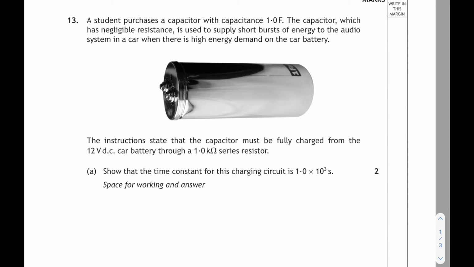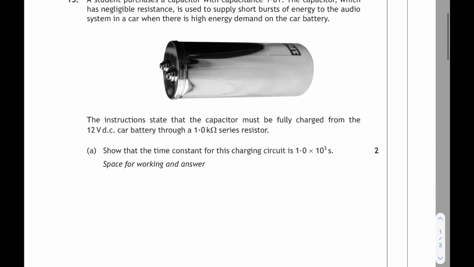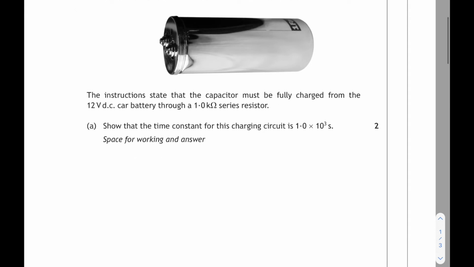So the instructions state that the capacitor must be fully charged from a 12 volt DC car battery through a 1 kilo ohm series resistor. And we have to show that the time constant for this charging circuit is 1 times 10 to the 3 seconds. It's a show question, so we have to show our relationship, our working, and get that answer.